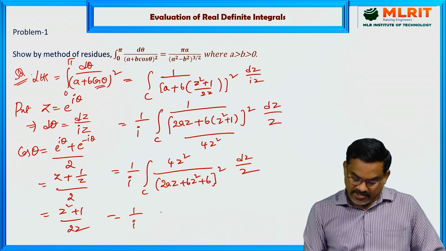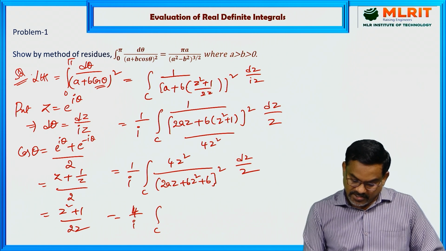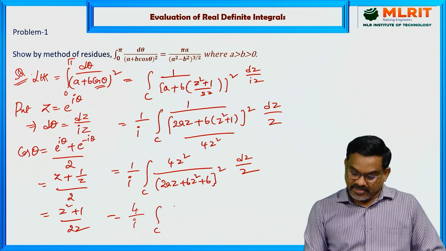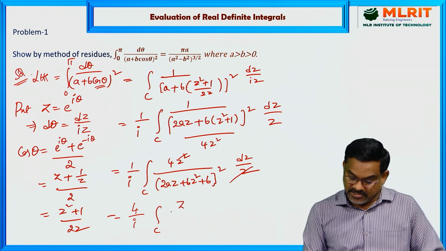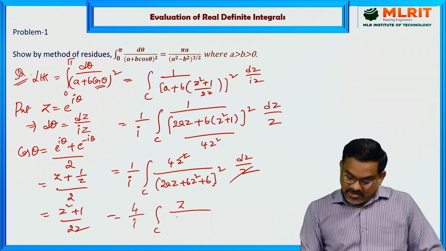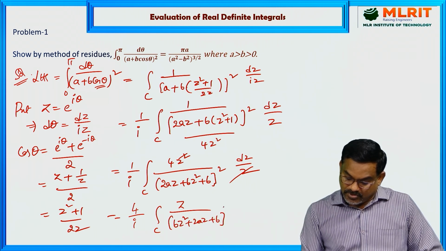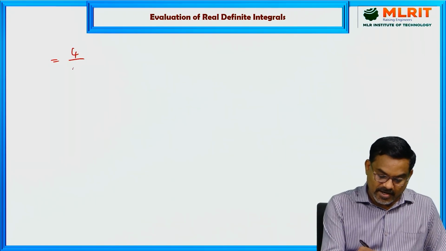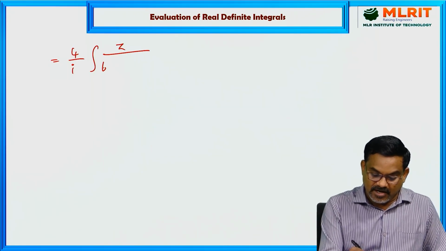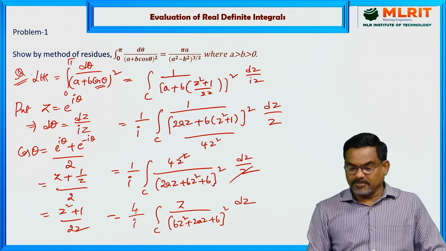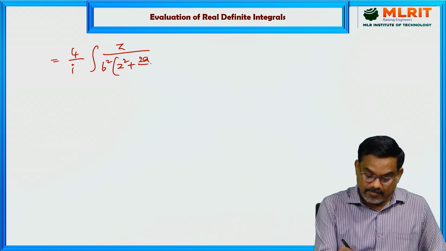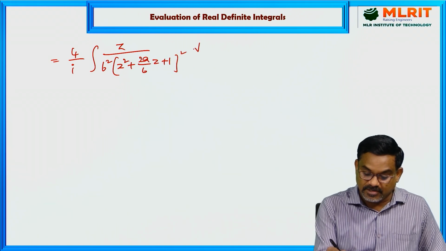So, 1 by i into integral over C, or we can write this 4 outside the integral: 4 by i into integral over C, where z square gets cancelled, z by (bz square plus 2az plus b) whole square dz. Then this equals 4 by i into integral of z by, taking b common, b square comes out, (z square plus 2a by b z plus 1) whole square dz.